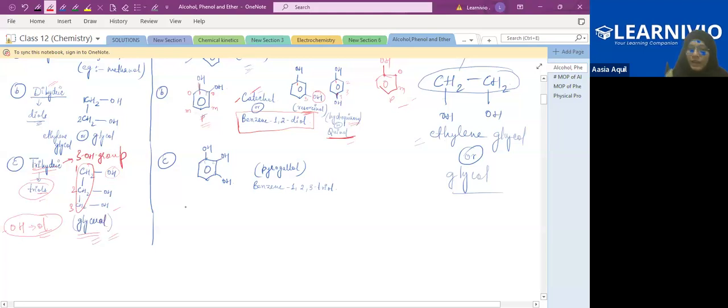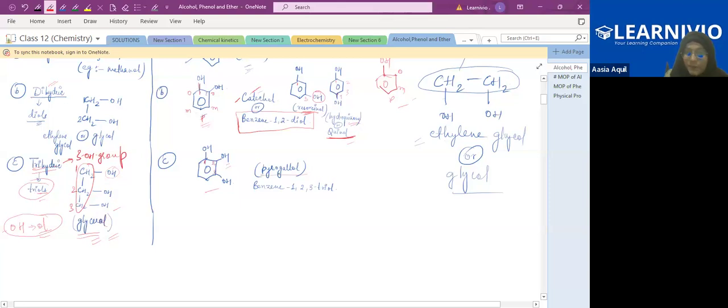But what about the aromatic? If in the aromatic system three hydroxyl groups are attached, first, second, and third, this is known as a trihydric type of molecule. What is the common name?